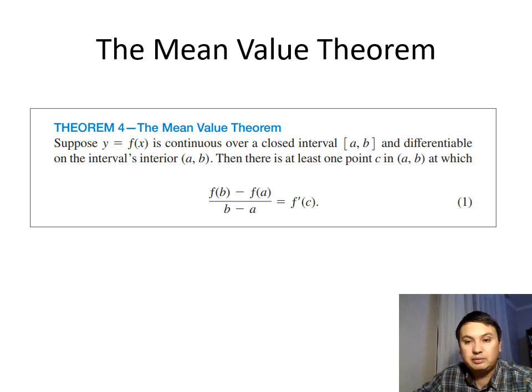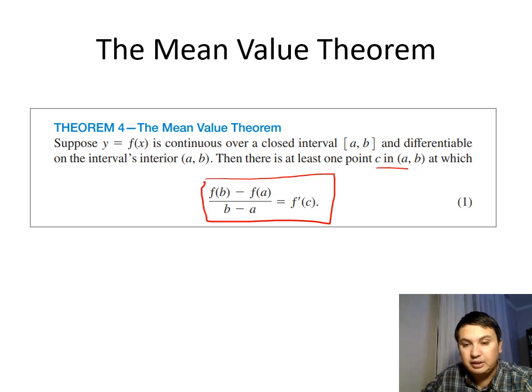We assumed in Rolle's theorem that f of A is equal to f of B, but here that is not the case. We don't require f of A to equal f of B, so this is a more general situation. Then the mean value theorem states that there still exists C in AB such that f of B minus f of A, divided by B minus A, is equal to f prime of C.